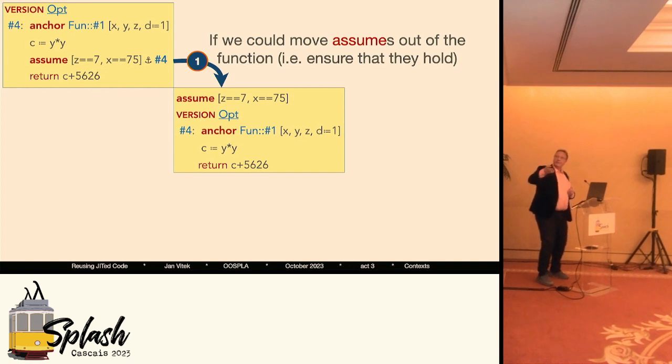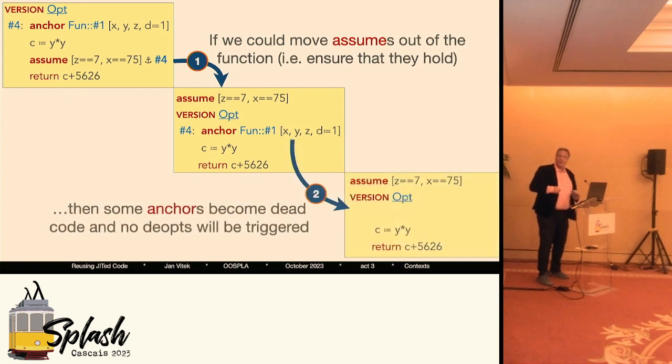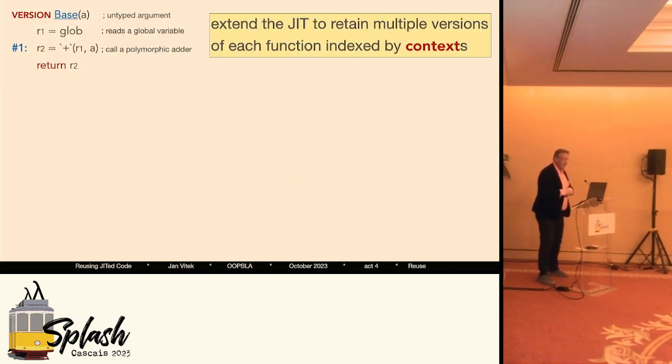So here I'm showing I'm lifting that assume out of the body and say, let's just say it has to be true. Then if I can do that, I can get rid of my anchor and the code will never de-optimize. So now the game is, we can say, if there's a way for us to move some of these assumptions out, we can get the guarantee that there'll be fewer opportunities for the de-optimizations.